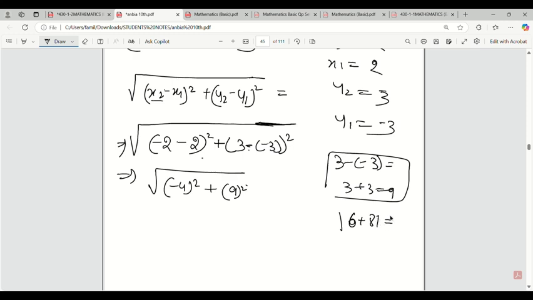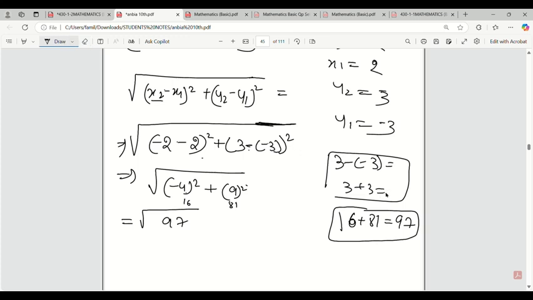Both of them will add up and give us 97. Root of 97. Am I correct there? Yes.